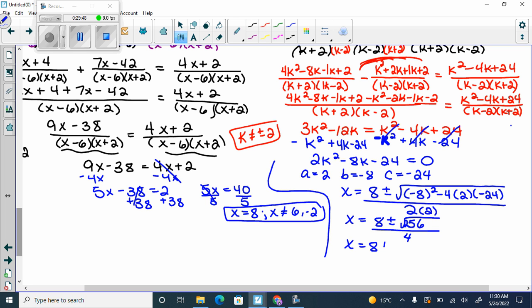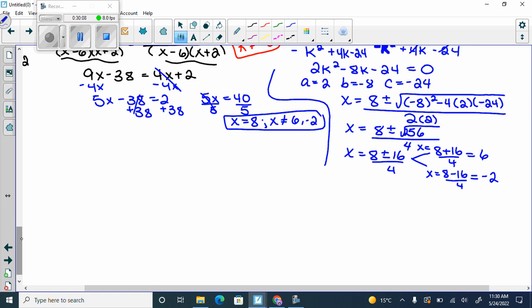You could have factored it: X equals 8 plus 16 over 4, X equals 8 minus 16 over 4. This one's 24 over 4, 6. And this one is 8 over 4, negative 2. What's the problem with my answers? X equals 6 is good. X equals negative 2 is extraneous. It's one of the non-permissible values.